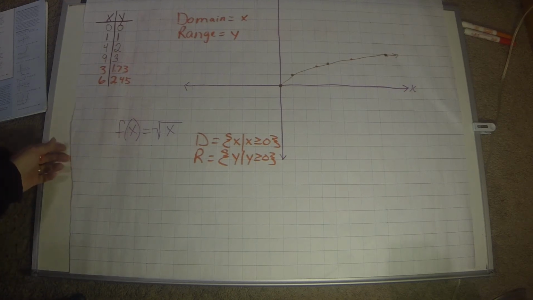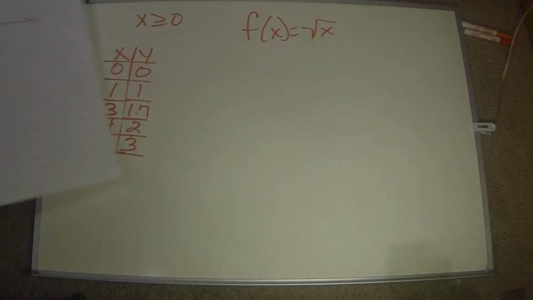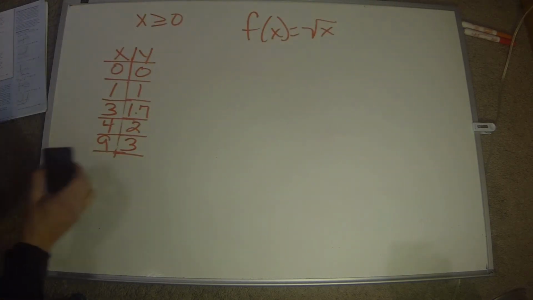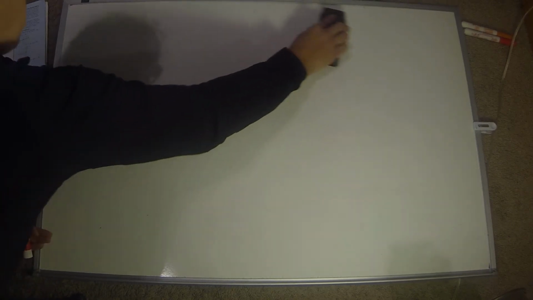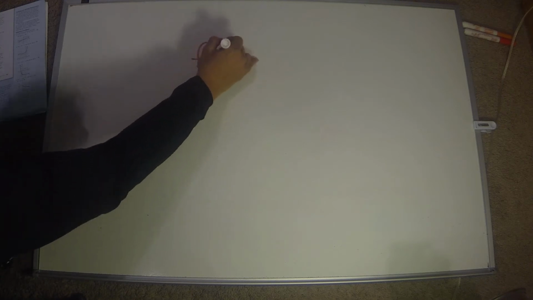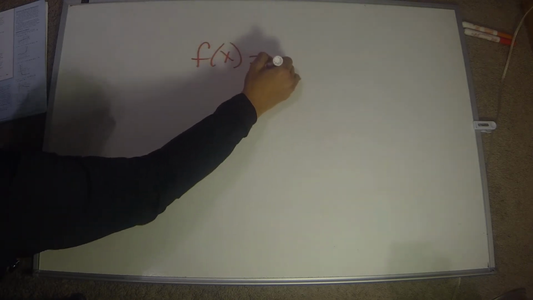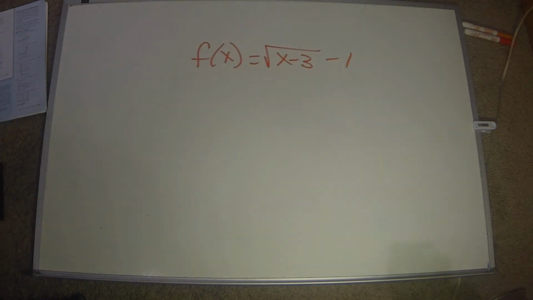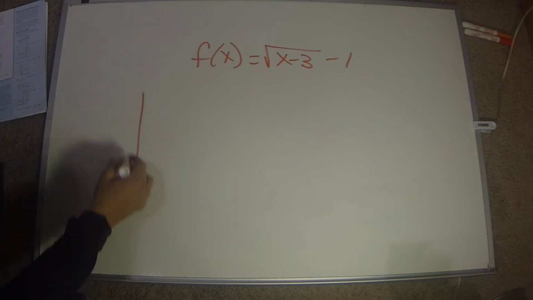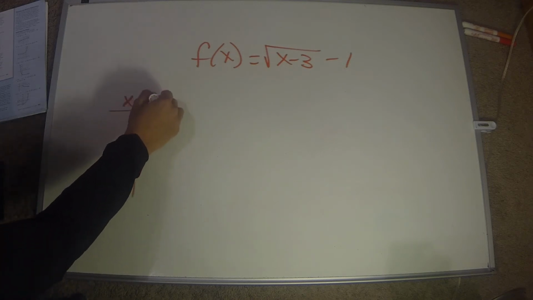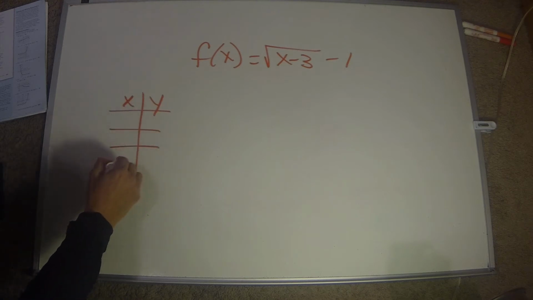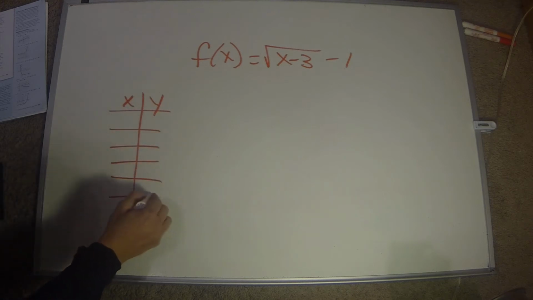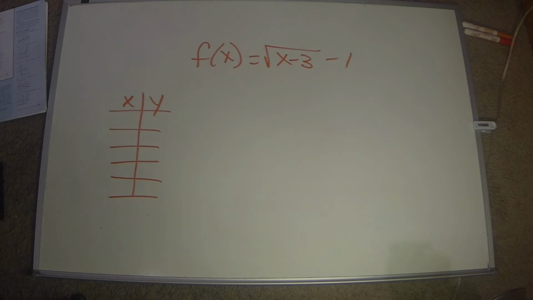And if we want to take a look at another one, we can look at f of x equals the square root of x minus 3 under the radical sign and then minus 1. So again, we'll make an xy chart with 5 spaces.